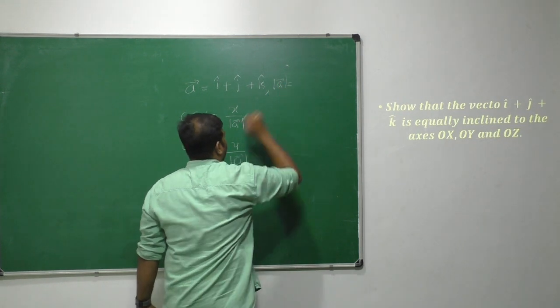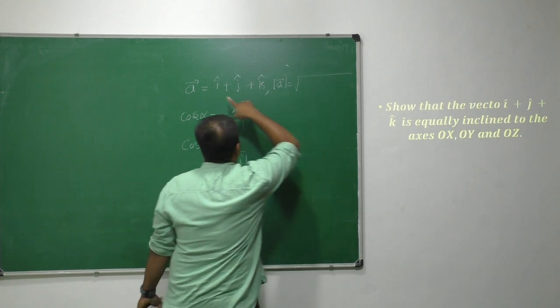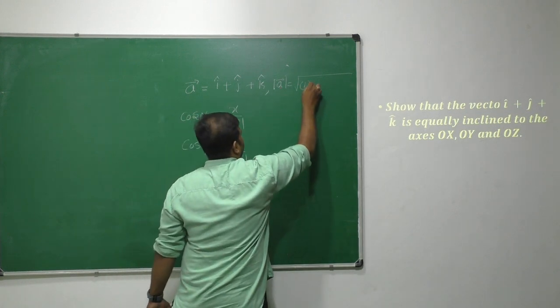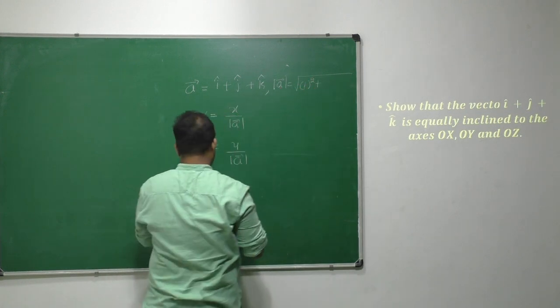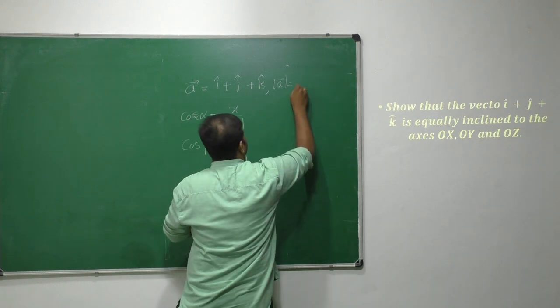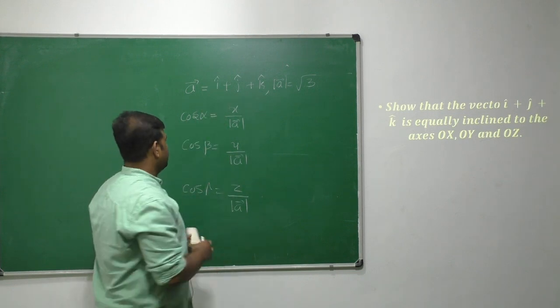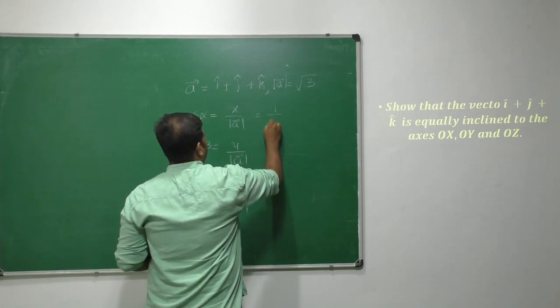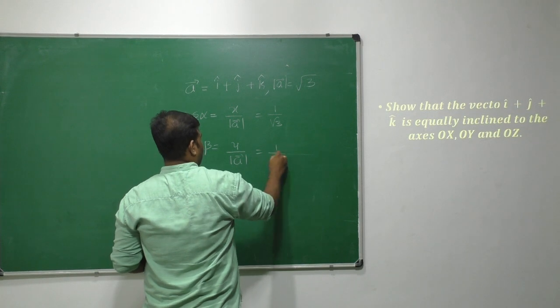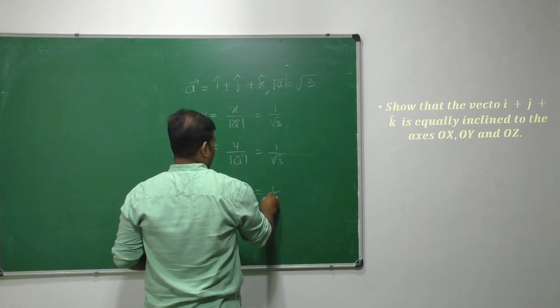The magnitude of a is root of 1 square plus 1 square plus 1 square. So we can write directly, this is root 3 actually. Magnitude of this is root 3. So what is cos alpha then? 1 by root 3. This is also 1 by root 3. This is also 1 by root 3.